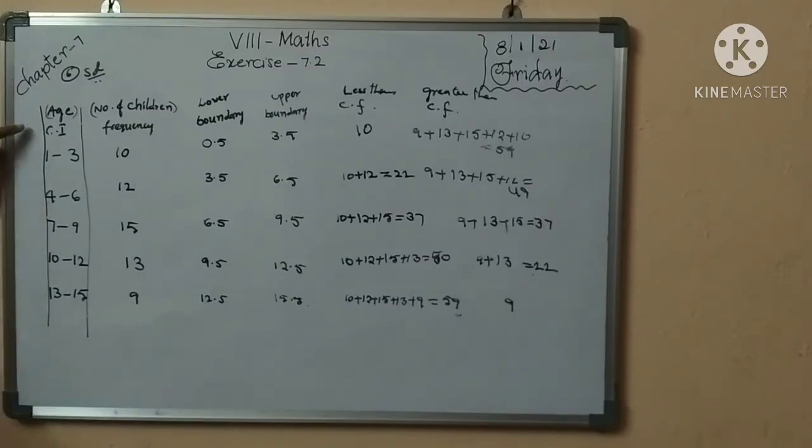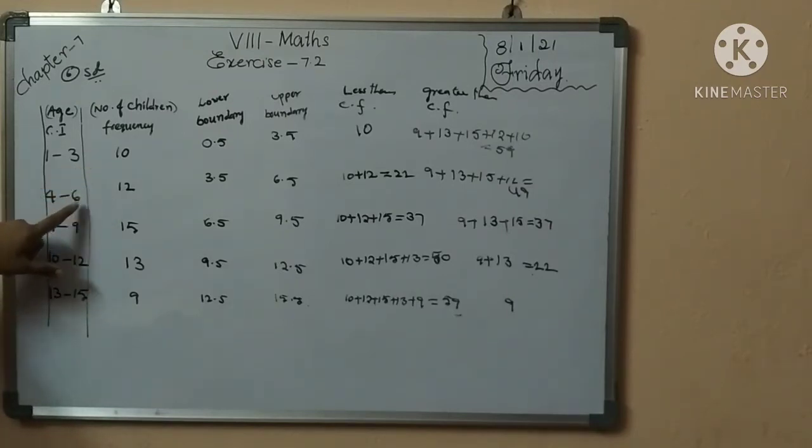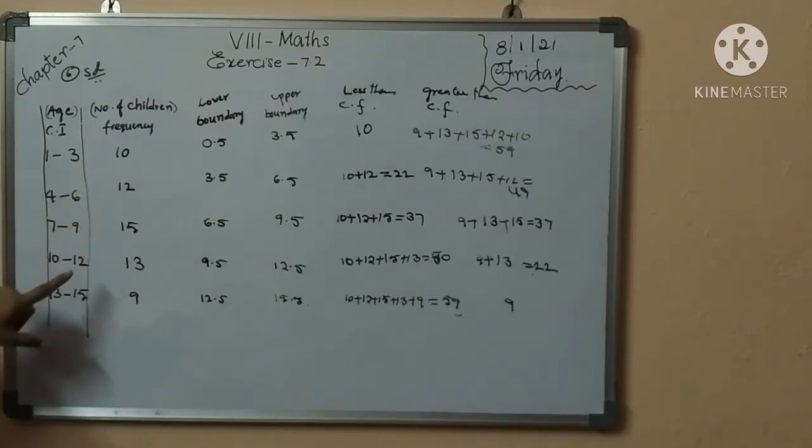So the lower boundaries are 0.5, 3.5, 6.5, 9.5, 12.5. The upper boundaries are 3.5, 6.5, 9.5, 12.5, 15.5.